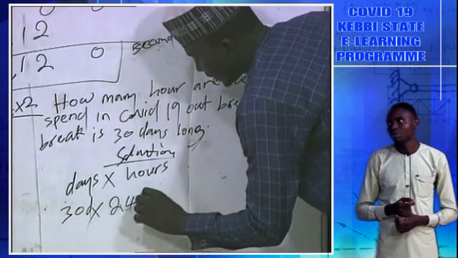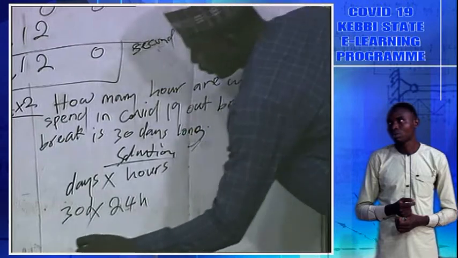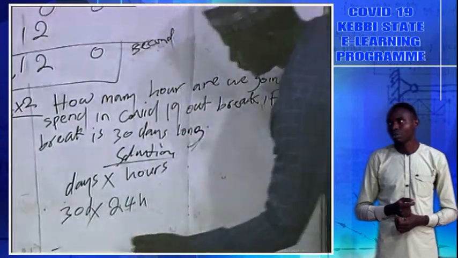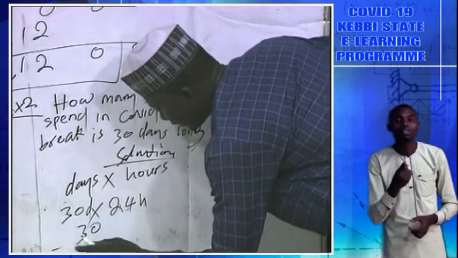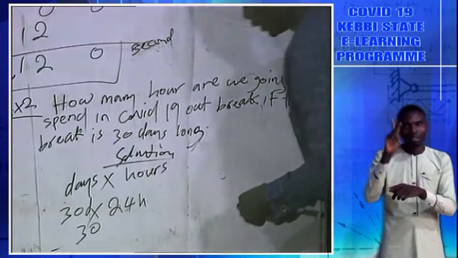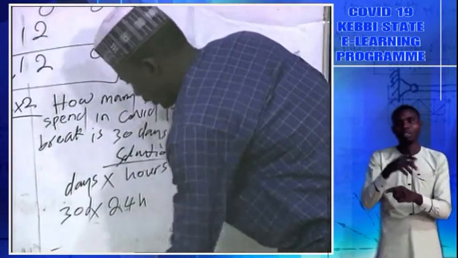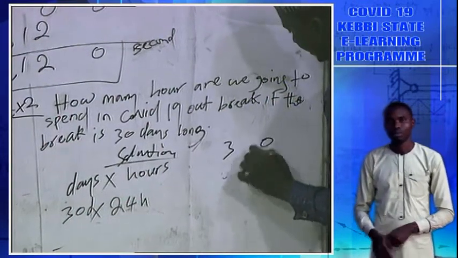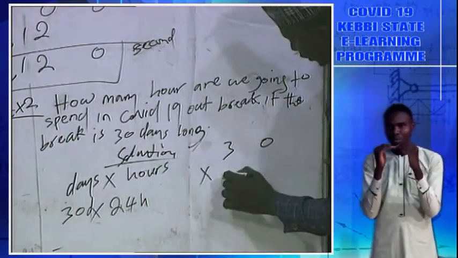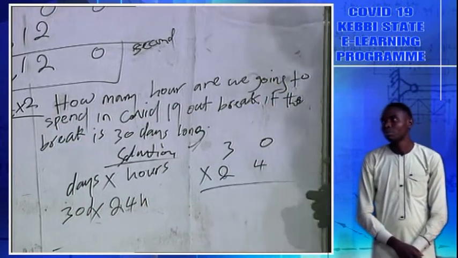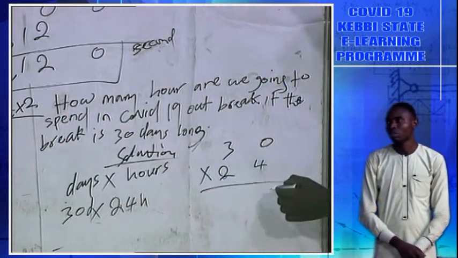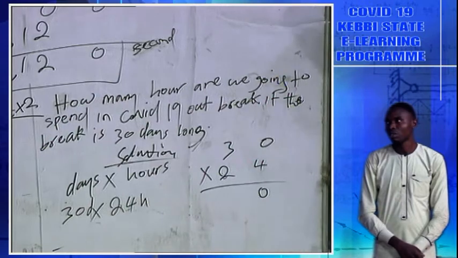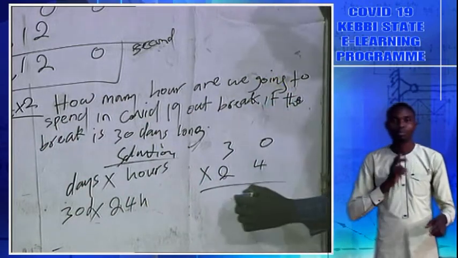Let's say our 30 days, this one is H, which equals 30 times 24. Let us calculate it here. 4 times 0 is 0, 4 times 3 is 12.